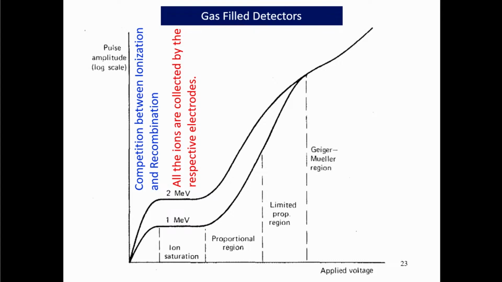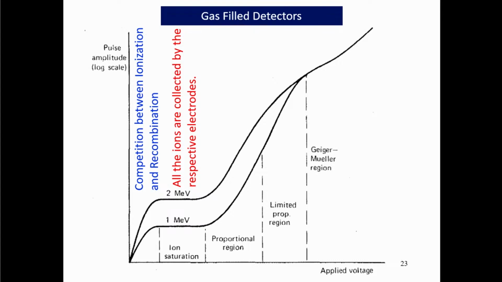And then let us say you further increase the applied voltage, what will happen? Gas multiplication will start. I will come in a while to what gas multiplication is, but it means the electron and the positive ion generated in the primary interaction, because the applied potential is high, can further ionize another gas molecule to produce another cation and an electron.